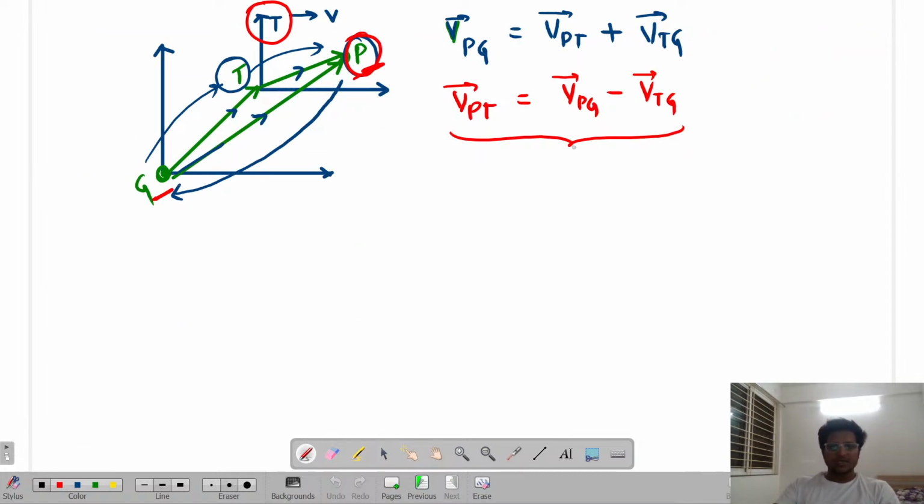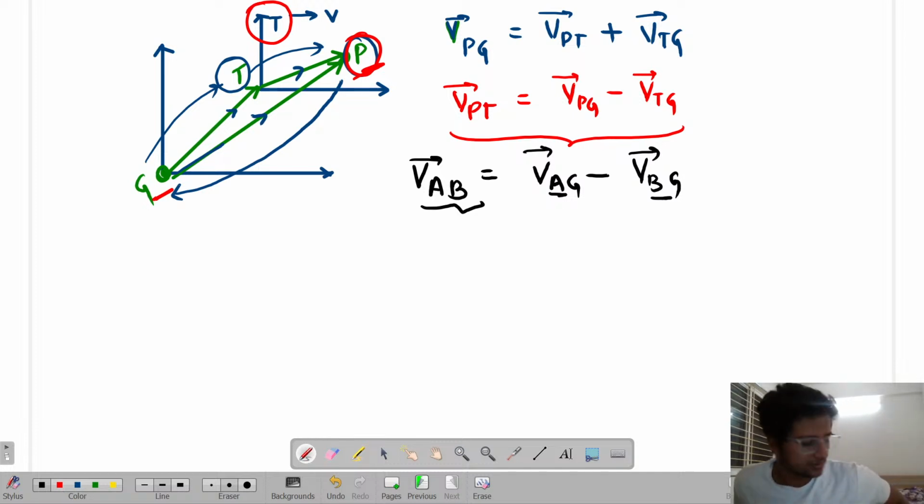First of all, remember that whenever we are writing the relative velocity equation, let's suppose I write velocity of A with respect to B, then I write V of A minus V of B, isn't it? That is a totally different thing. Basically these are two things happening in the same frame. These things must be measured with the same frame. Like if it is ground, it should be ground. If it is truck, it should be truck.